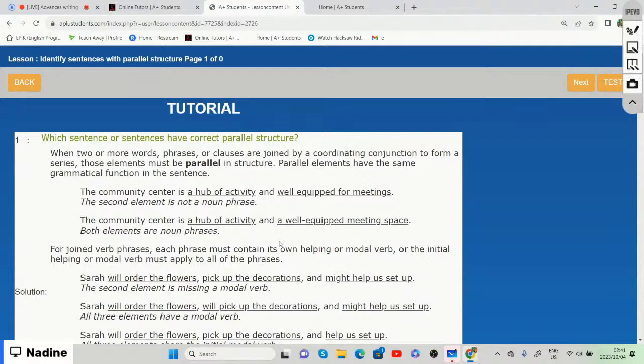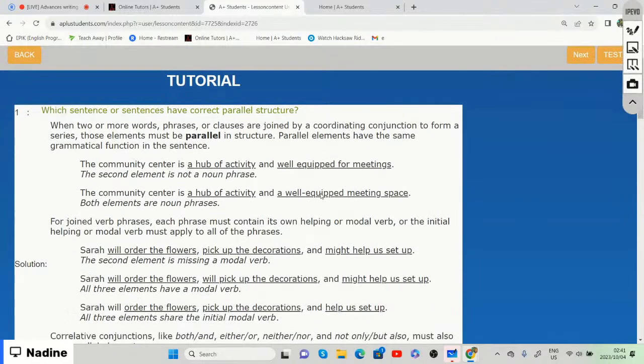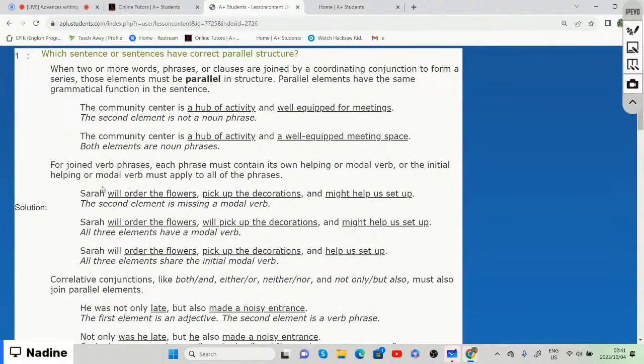And for joined verb phrases, each phrase must contain its own helping or modal verb, or the initial helping or modal verb must apply to all of the phrases.